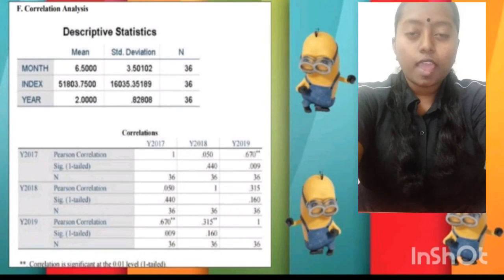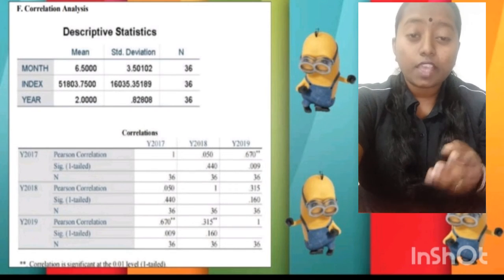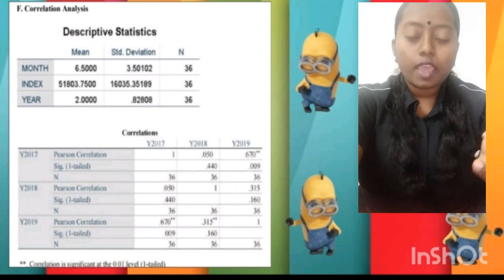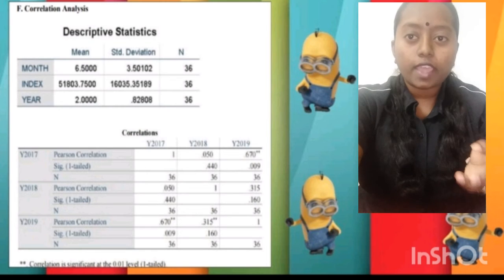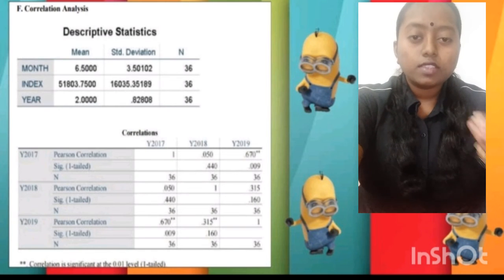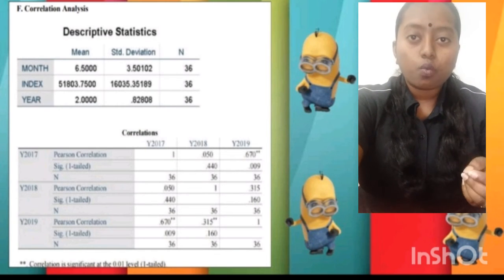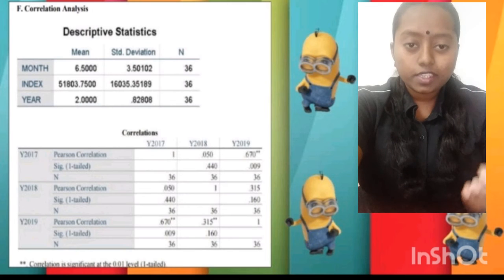Next is correlation analysis. There is a moderate positive correlation between year 2017 and 2019, and the R value is 0.670, which is less than 0.85. Perhaps there is no problem of multicollinearity.